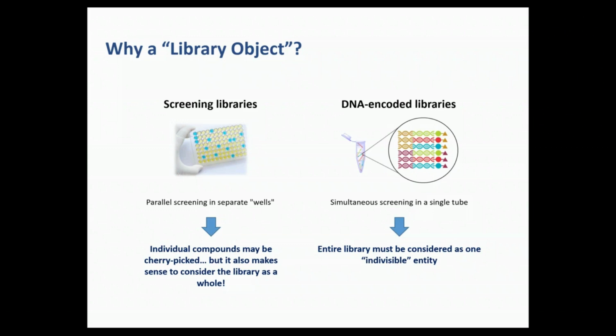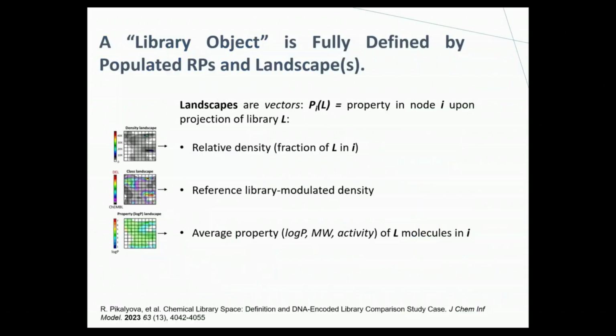Well, there's another beast on the market, the DNA encoded libraries, the DELs, which are mixture combinatorial chemistry. And in this case, the separation of the individual molecules is not an option. So we should characterize a DEL as one indivisible entity.